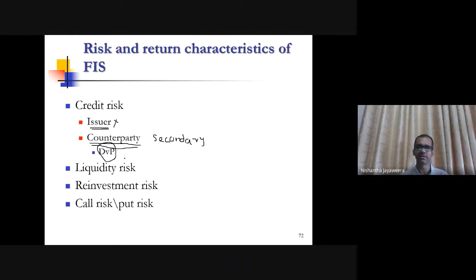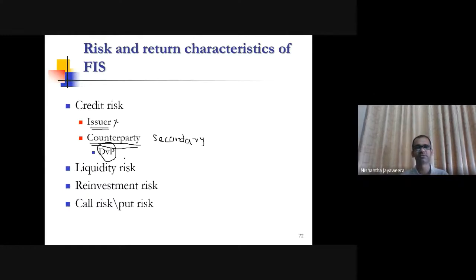Most of the time that would happen, depending on the party who is defaulting, because it may not be only to you, it may be to other parties in the market as well. Then there can be a market panic, things like that. So most probably the market will move against you. However, that risk is minimized through delivery versus payment.